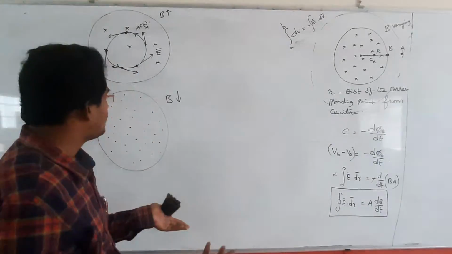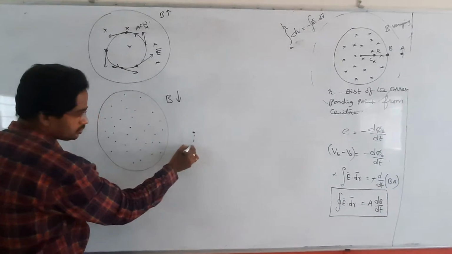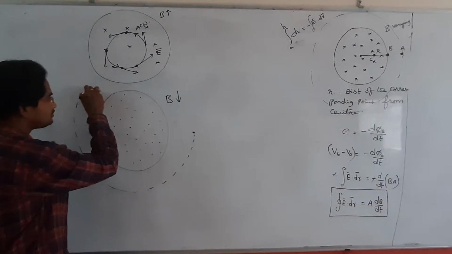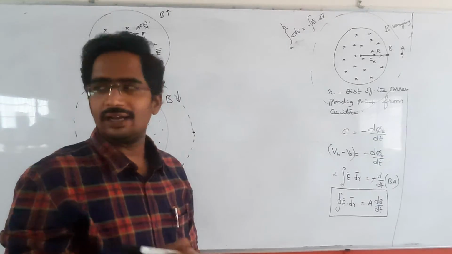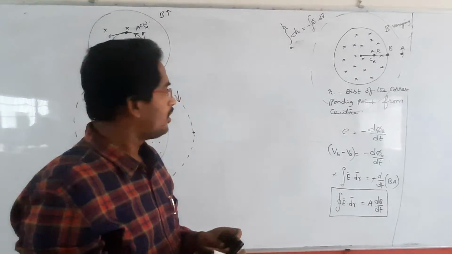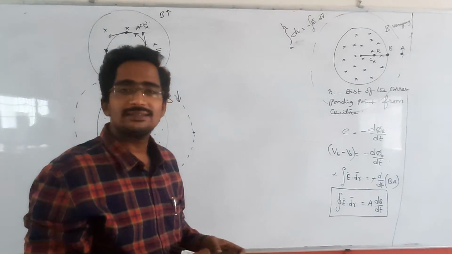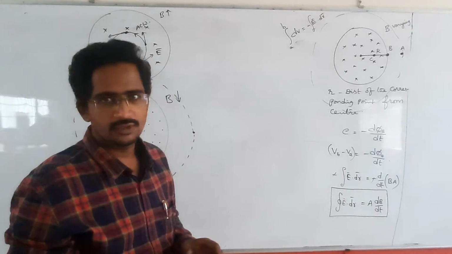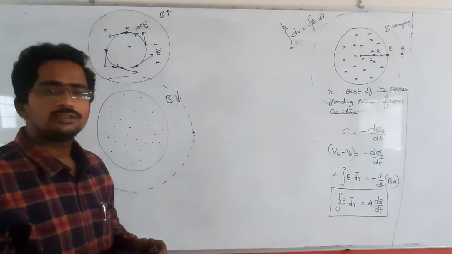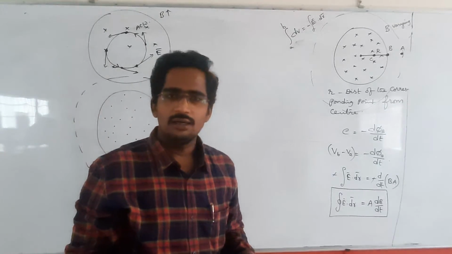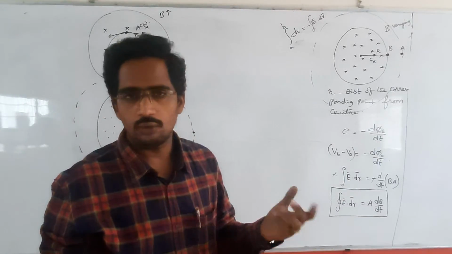Wherever you take, even if you take the point outside, you need to form a closed loop here. The tangent of that loop gives the electric field intensity direction. I already told you, that is the same as the direction of induced current. What about the induced current here? The outward field is decreasing, so to oppose the decrement, a field is induced in the outward direction.